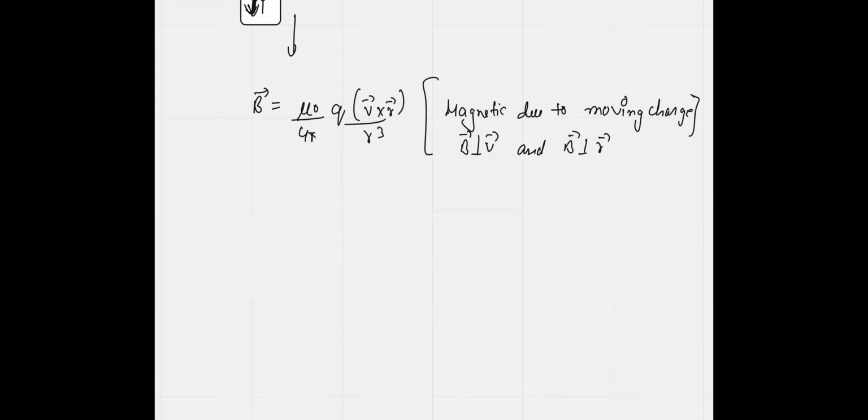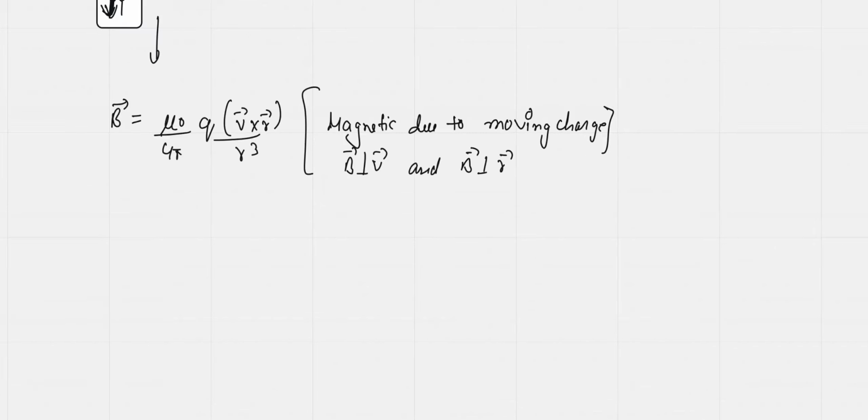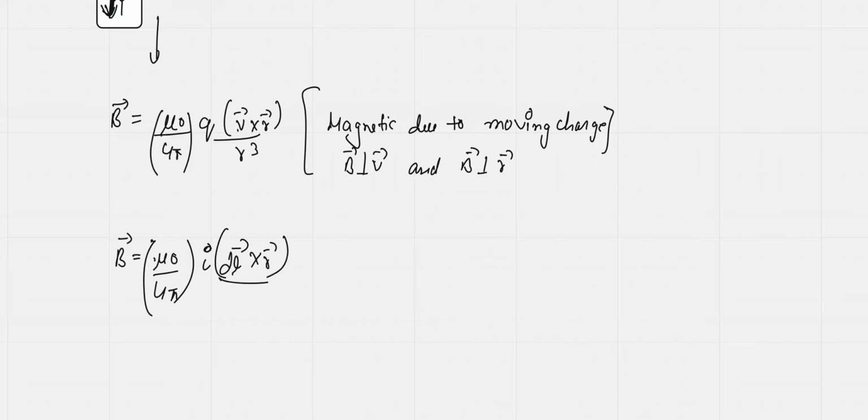After this, what's next? B is equal to mu naught by 4 pi. This is a constant value, keep it outside as it is, multiplied by the current. Instead of V, now you can keep dl cross r divided by r cube.